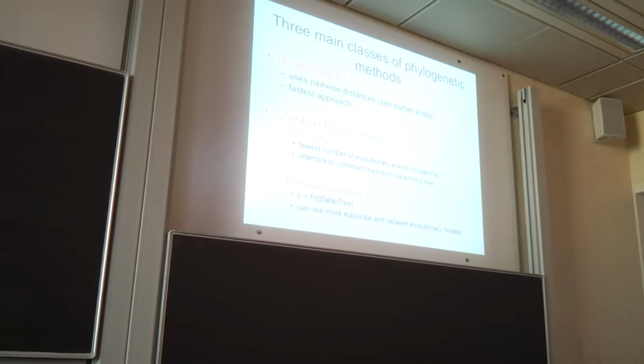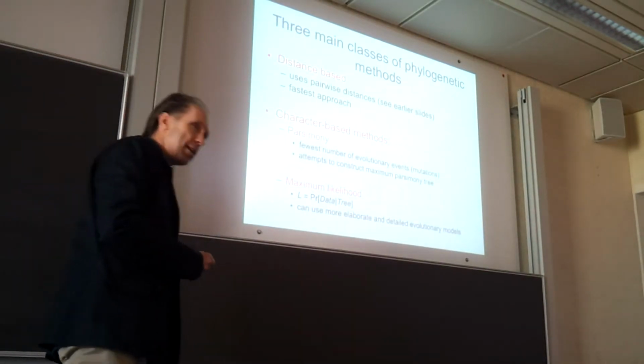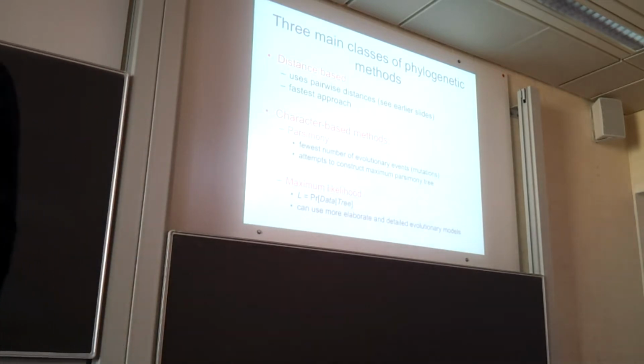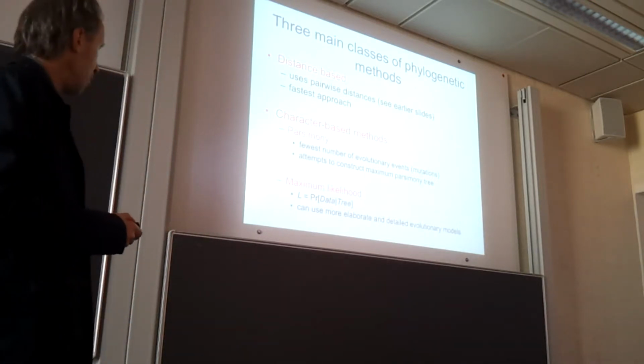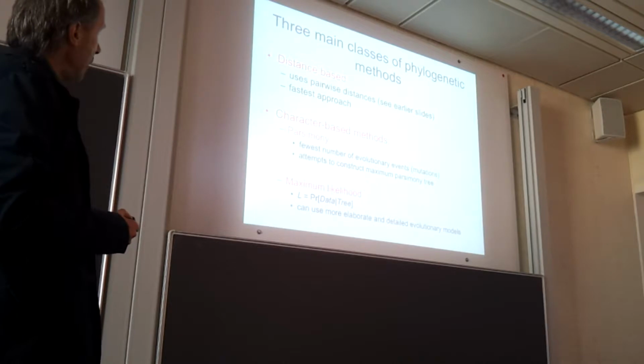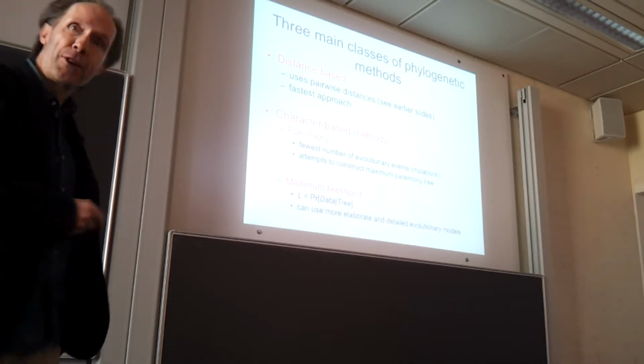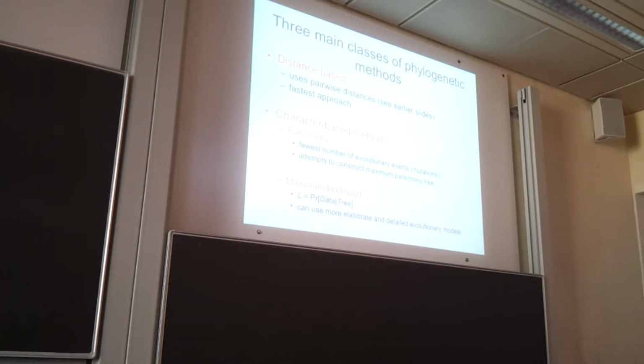Okay, so I already told you then, and I will maintain that statement, that these correction methods are really not so widely used in most modern methods. They take the data as it comes. Okay, there are three main classes of phylogenetic methods that I will run through with you in the remainder of today's lecture. So, distance-based methods.